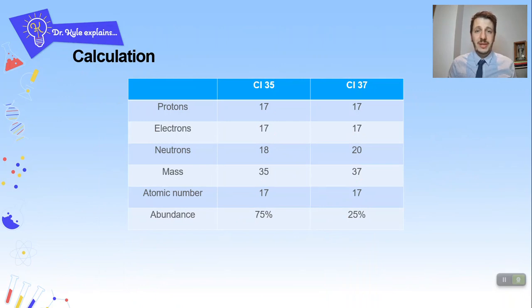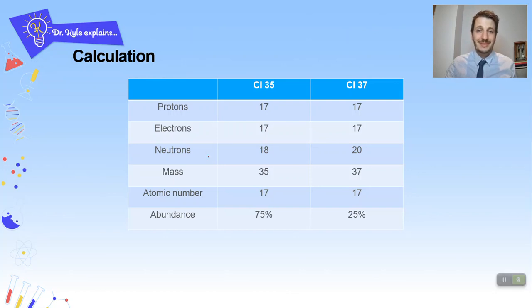Okay, so the way to remember this and to be able to work out the mass numbers using the isotopic values and the abundance values is a little jingle. Mass times abundance, add it all together and divide it by 100.